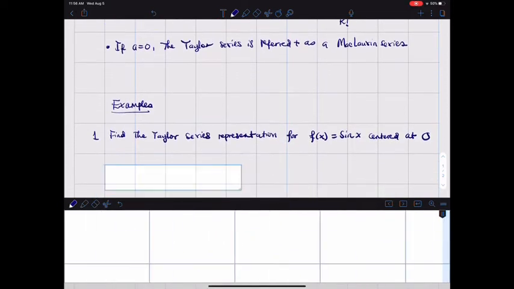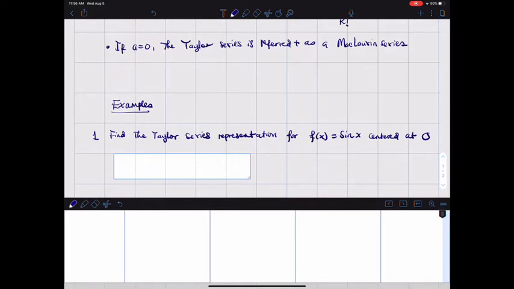Why are we calling this a representation? We're calling it a representation because if we can express sine of x as a power series, we're assuming that instead of using the function sine of x, we can just use that power series. And we're going to come back to that.